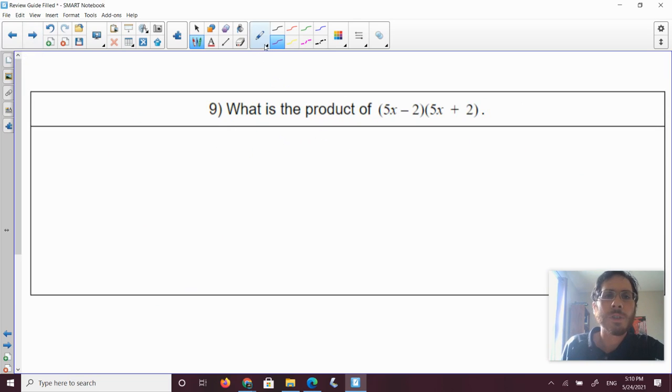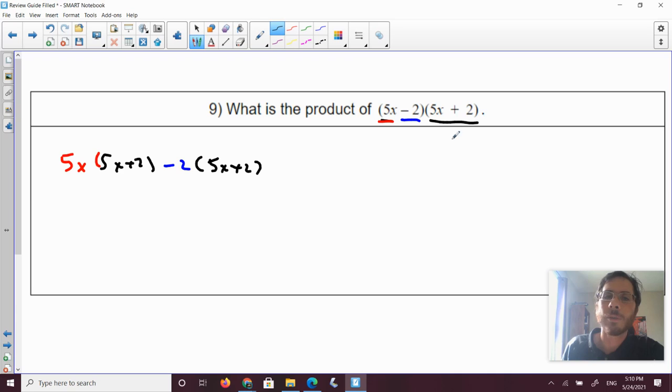All right, for question 9, we have to find the product. Again, I'm going to multiply this one with the double distributive property, but there is a trick to it. I'm going to explain the trick after we run through everything. So we got 5x minus 2 times 5x plus 2.